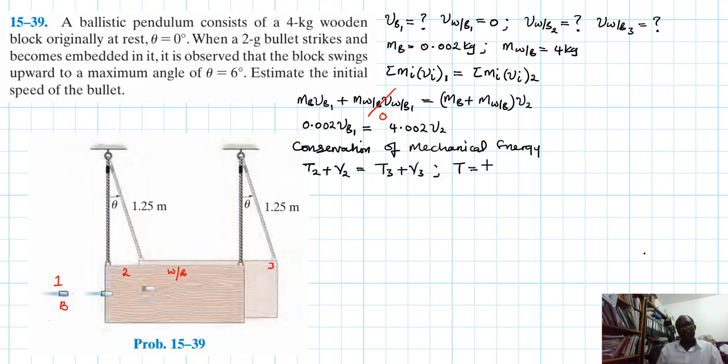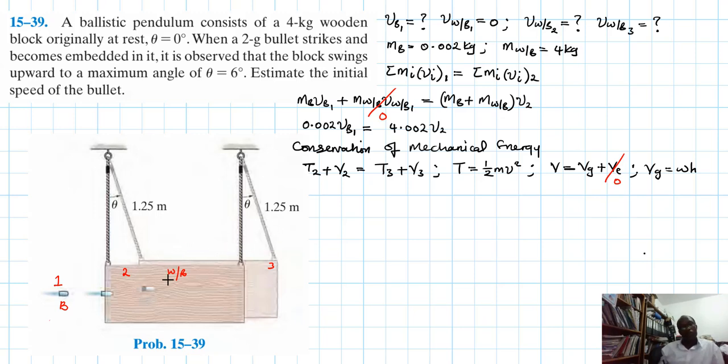T itself is just equal to half mv squared, and V is equal to Vg plus Ve. And we know that Vg is just equal to mgh. This one for now, we know this is equal to 0. So we go from state 2 to state 3.